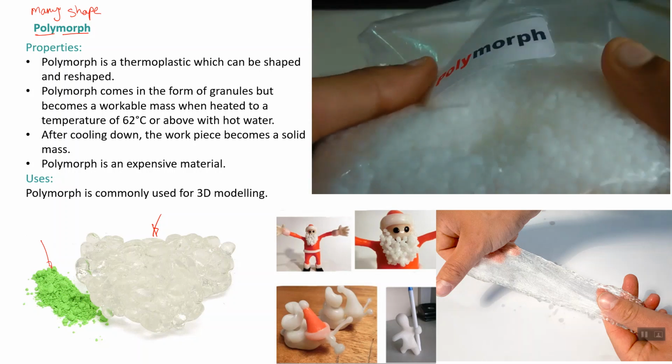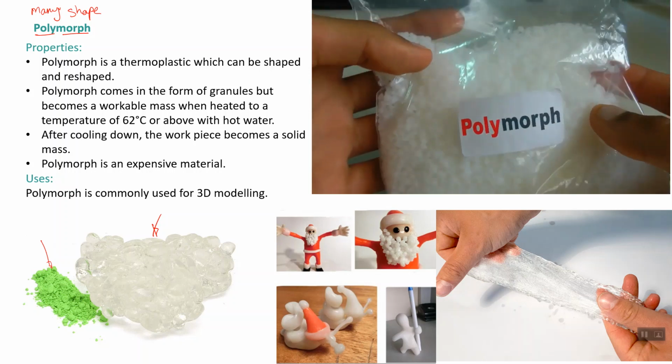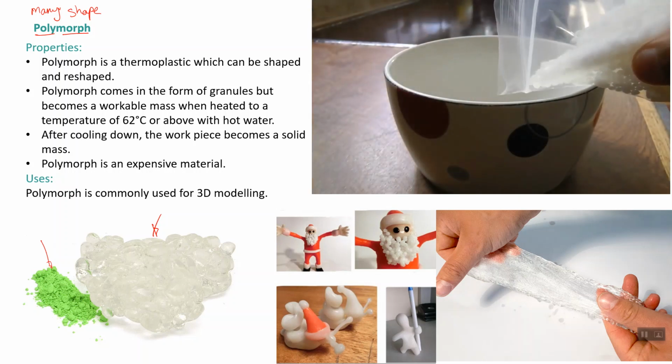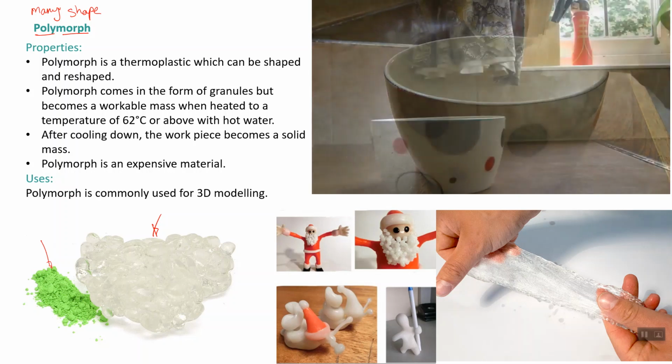This is a raw material. So this material will be heated. Okay, we can only use hot water. So we pour it into a bowl and we add hot water in it.